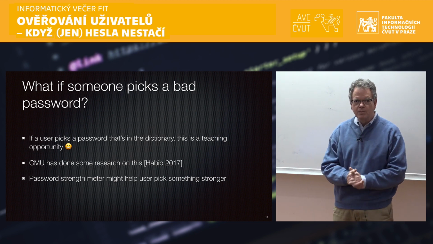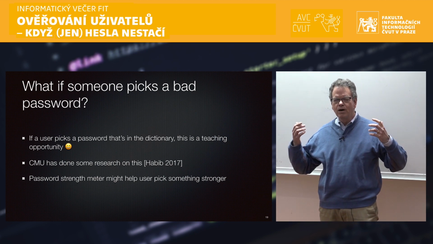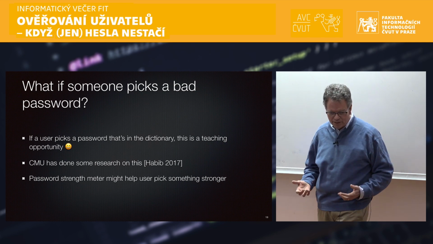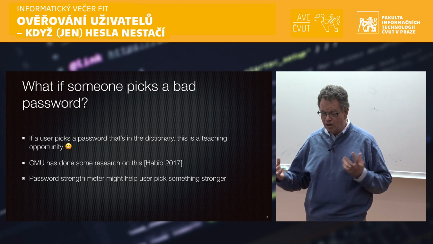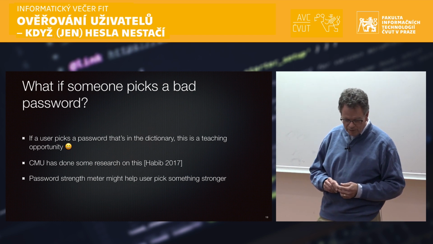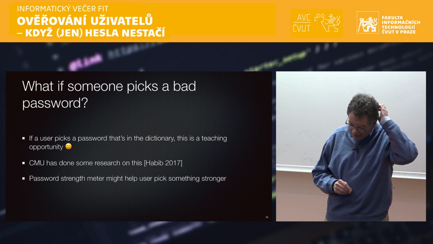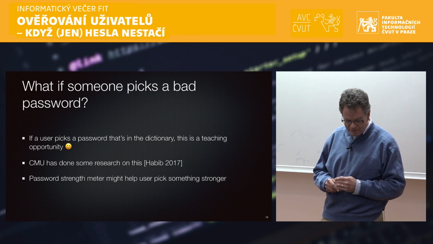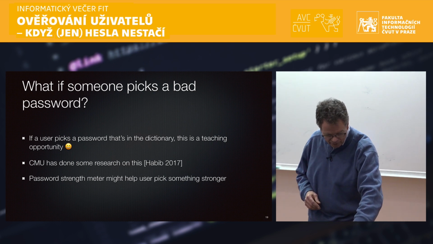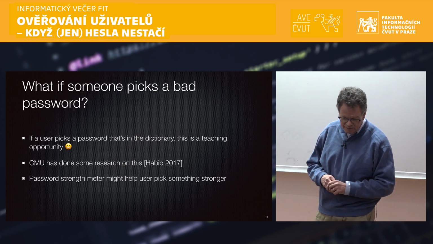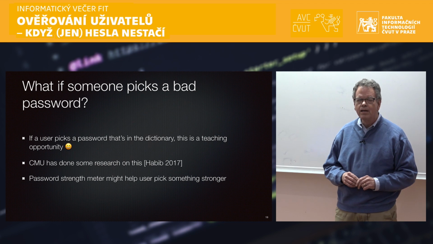So if somebody picks a bad password, we think of it as a coaching opportunity. Carnegie Mellon University, I was talking with one of the professors there, and she had some research done, in this paper in 2017. There's a reference at the end.